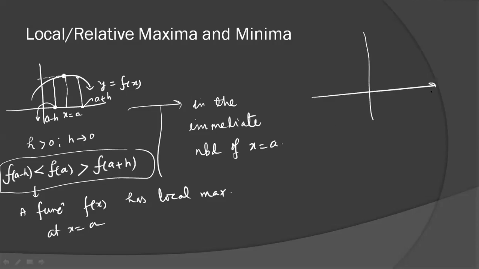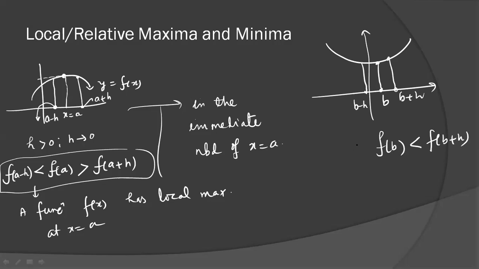Similarly, if we have any point b, and this is the right hand neighborhood b plus h, and suppose this is the left hand neighborhood b minus h, and the value at b is less than the value at b plus h and also less than the value at b minus h.